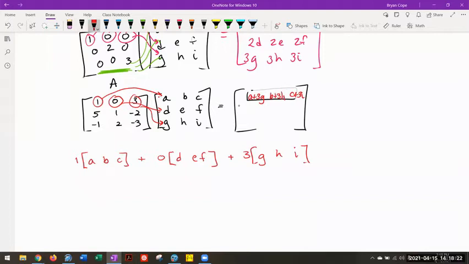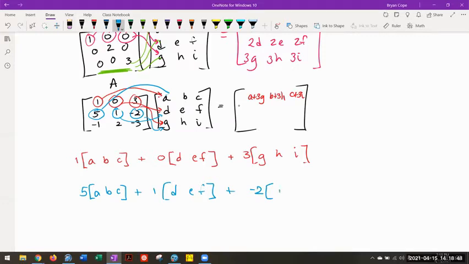I don't know why I wrote that so small, but that's it. Okay, so now I'll use a different color and show you the next row. Now we use 5 as a weight on the first row, 1 as a weight on the second row, and -2 as a weight on the third row. So it would be 5 times ABC plus 1 times DEF plus -2 times GHI.